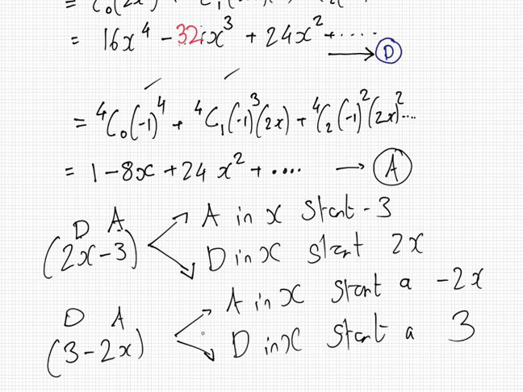I was right the first time. It's the wrong way around. This one, 3, isn't it? Yeah. Minus 2x.